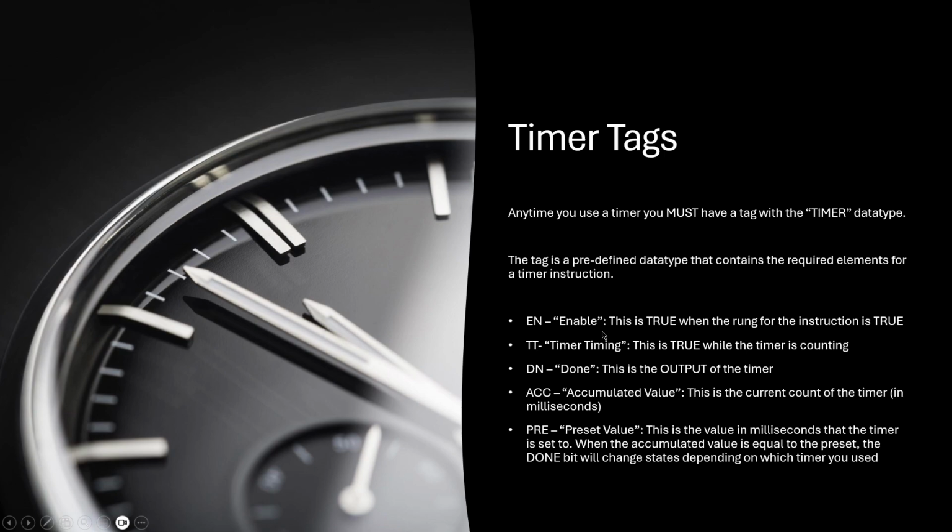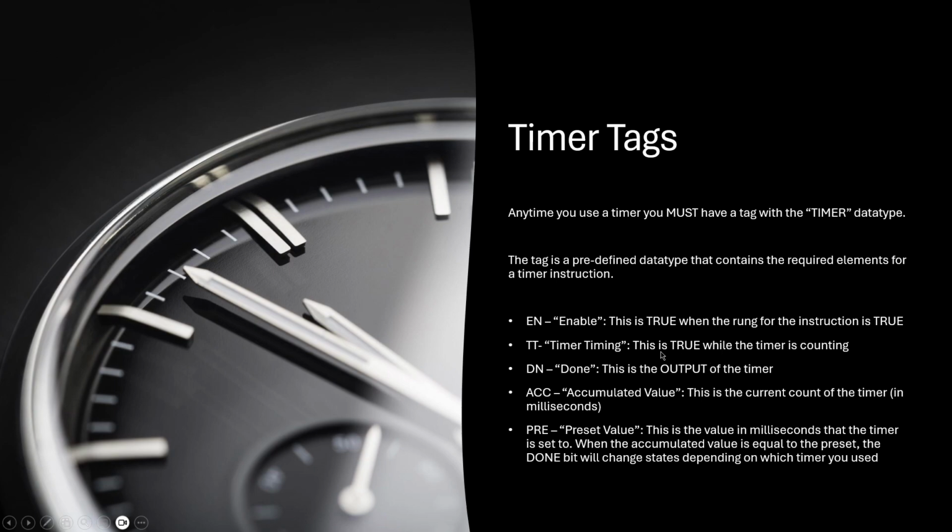The first element, called the enable bit, abbreviated EN, is true when the rung is true. So whenever the timer instruction is actually being energized by your rung, the enable is active. You'll also have what's known as a timer timing bit, abbreviated TT. This is true whenever the timer is counting.